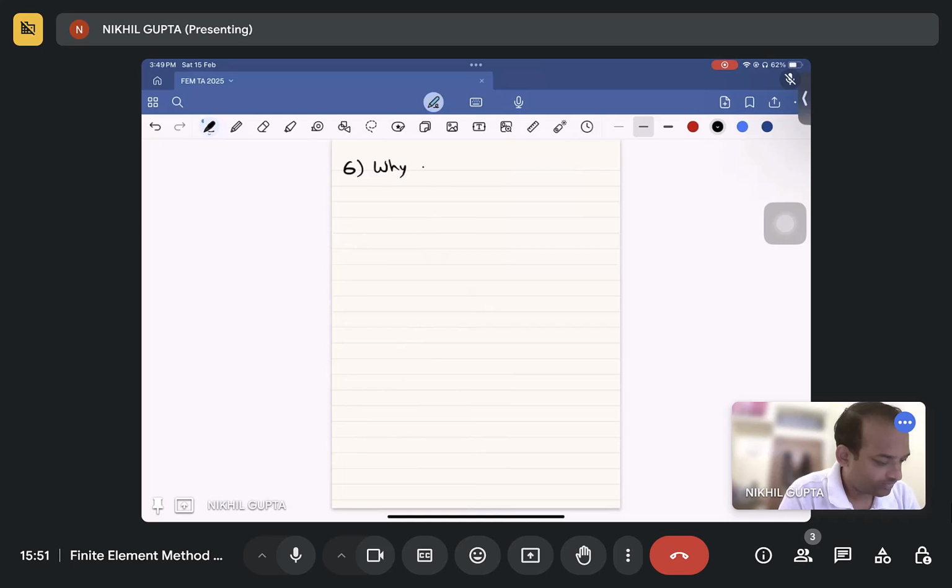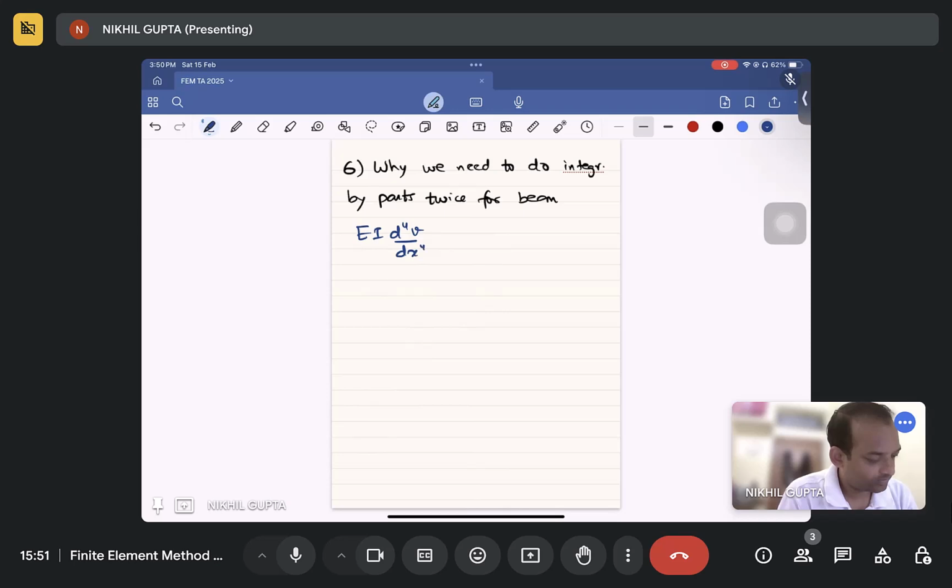Why do we need to do integration by parts twice for a beam? Let's say this is our beam equation. We start by finding the weak form, which will be the integral from 0 to L of W times the equation.